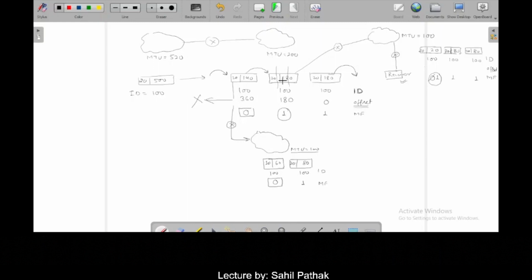Now if this fragment is further refragmented, what will happen in this case? You can see how many data bytes are ahead of this fragment. This is the first refragment of this fragment, and this fragment has been divided into 3 parts. So three fragments are further created from it. So you can see, for the first fragment, how many bytes ahead, how many bytes have already gone ahead, and that is 180.